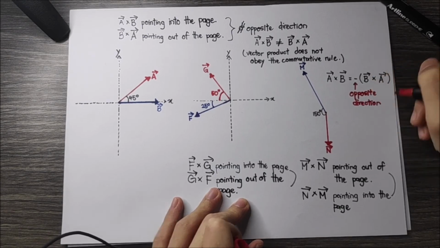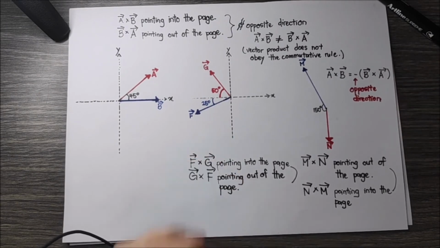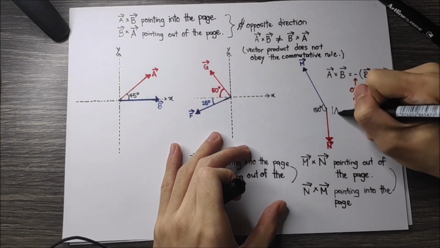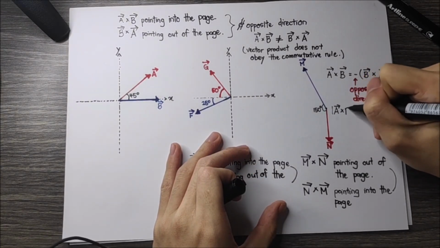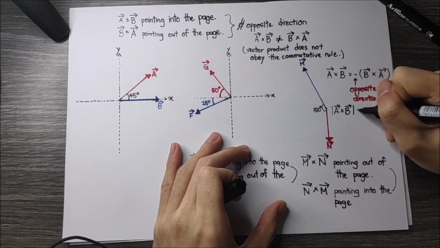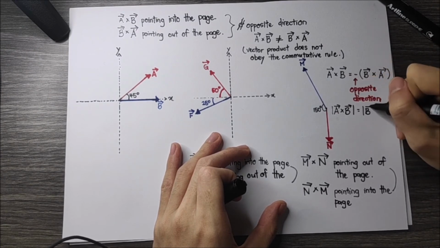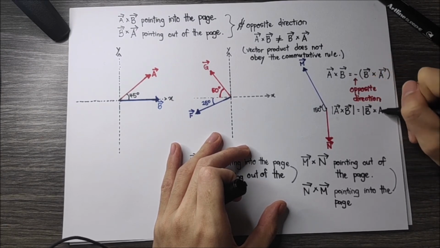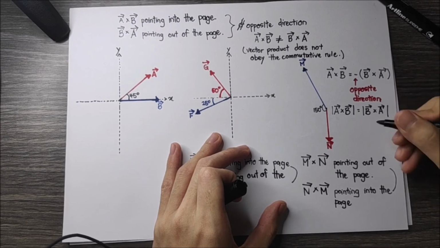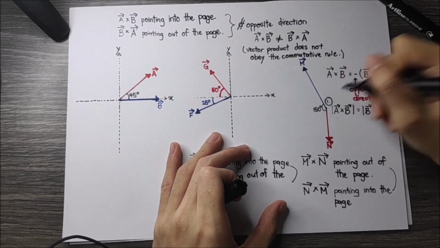Just a thing that I mentioned but forgot to add on. You can say that the magnitude of A cross B is the same as B cross A. This is the first thing that you know from earlier.